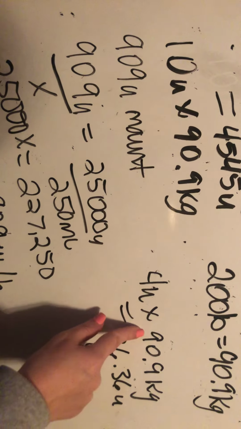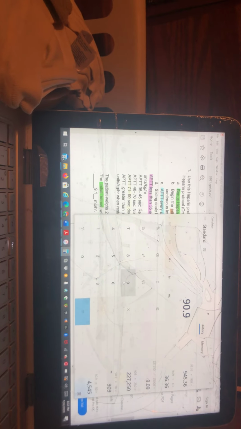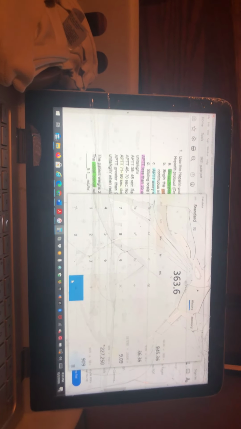Okay, so our initial maintenance rate is 909 units, and we're going to increase it by 4 units per kg. 90.9 times 4 is equal to 363.6.